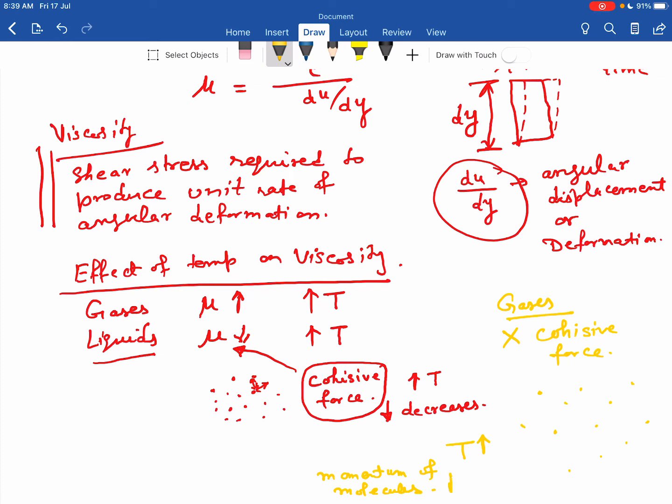Due to the increase in momentum, the molecules start moving, their velocity goes on increasing, and they strike each other at a faster rate. So when gas flows, this striking of molecules reduces their chances of flow. That resists flow. So in case of gases, when we increase the temperature, viscosity also increases. The resistance to flow also increases. Okay. So this is the effect of temperature on viscosity.